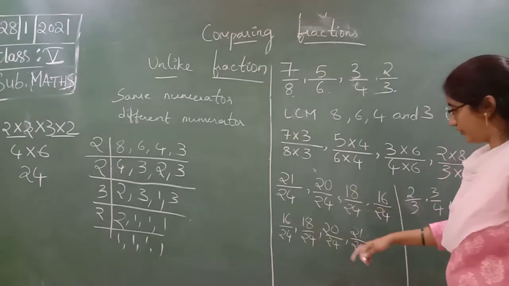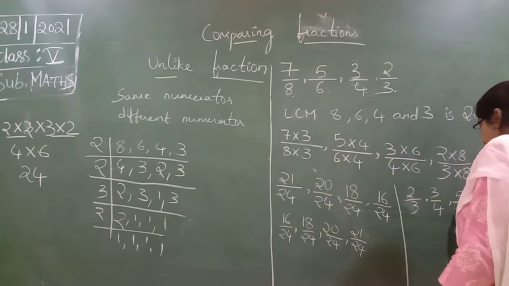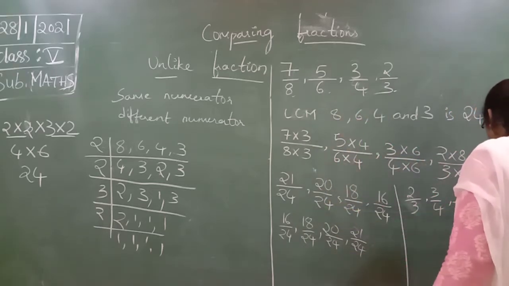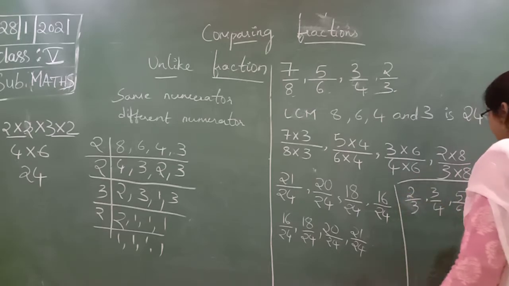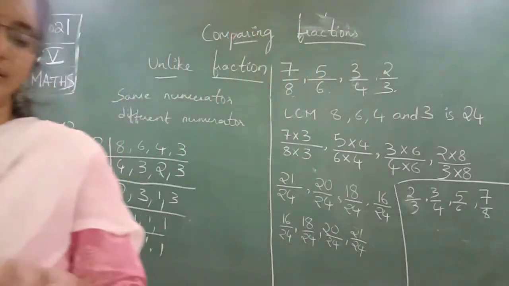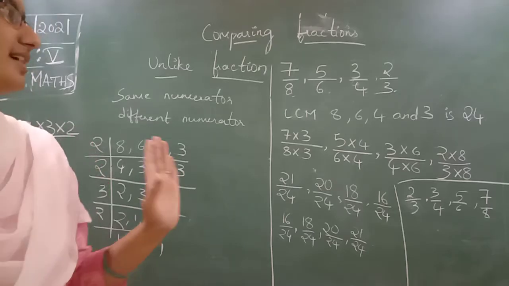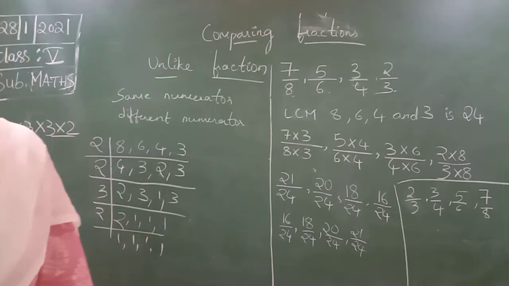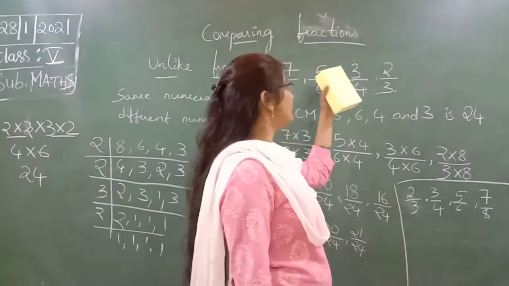Next, 20 by 24 is derived from 5 by 6. Next, 21 by 24 is 7 by 8. This is the ascending order of these fractions. What they asked, arrange the fractions in ascending order, this is the answer.